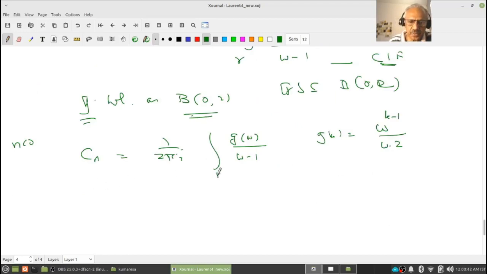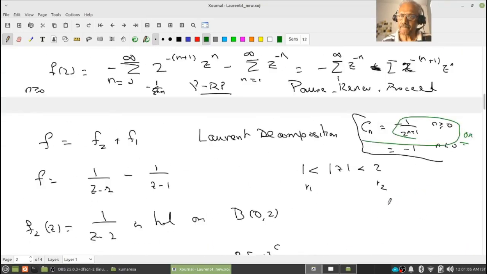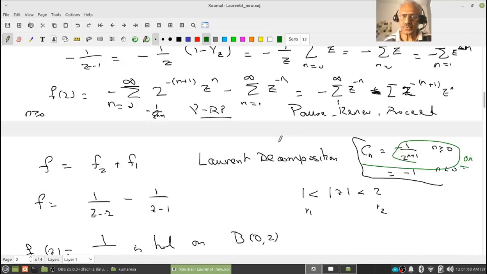Therefore this is equal to g at 1, but g at 1 is going to be minus 1, right? When w equal to 1, this is minus 1, that's it. Therefore all my Cn's are minus 1 for negative n as well. So let us just make sure that we got it correct. Yeah, this one.